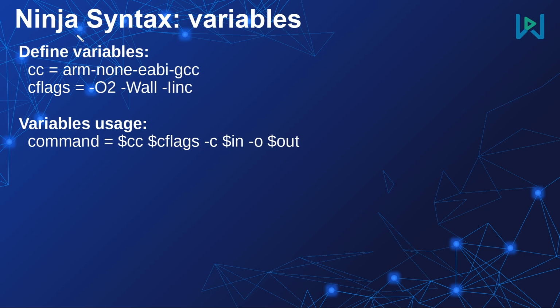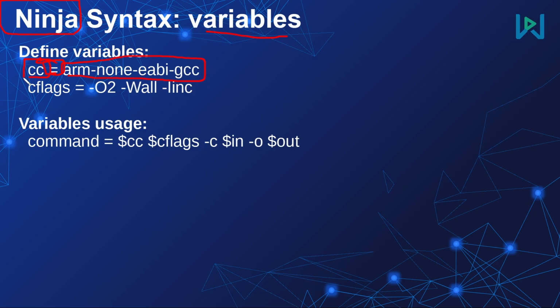In terms of syntax, Ninja does support variables. This is quite similar to what we have in makefiles as well. To create a variable, you need to specify the name of the variable, then use the equal mark to initialize your created Ninja variable with a certain value.